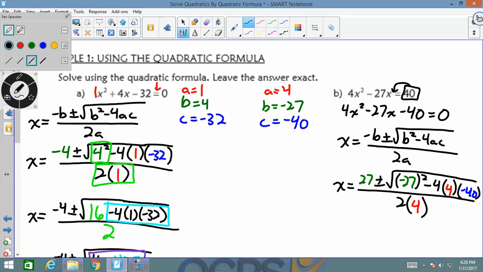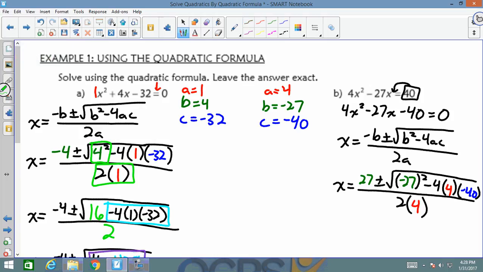Okay, from there, we're going to do this part next. So it's negative 27 squared, so negative 27 times negative 27, which is 729.